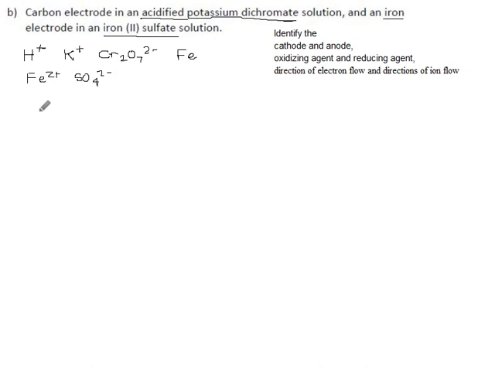So we are going to have, just copying out of the data book now, Cr2O7 2- plus 14 hydrogen ions and 6 electrons. And that produces 2 chrome 3s and 7 water.